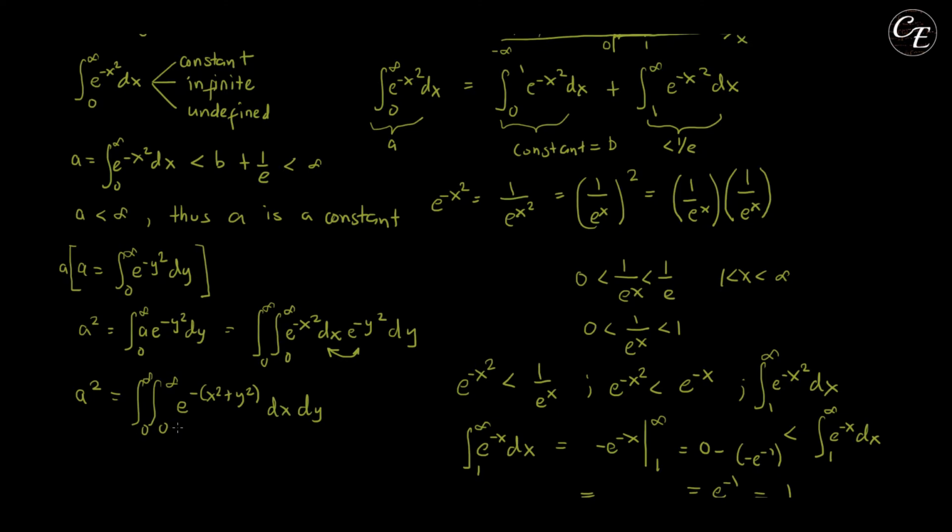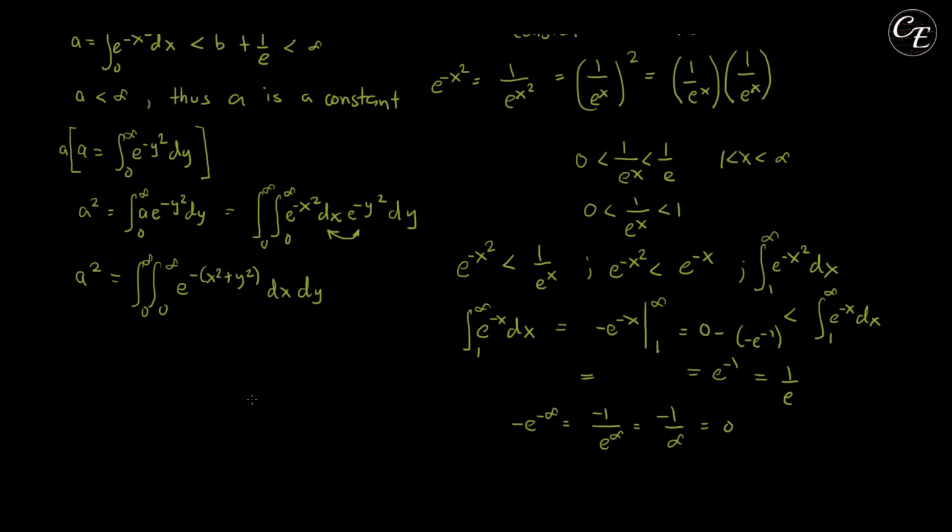In order to evaluate this, we can convert them into polar coordinates. Let x equal r sine theta, y equal r cosine theta. These variables are actually related in a right triangle.